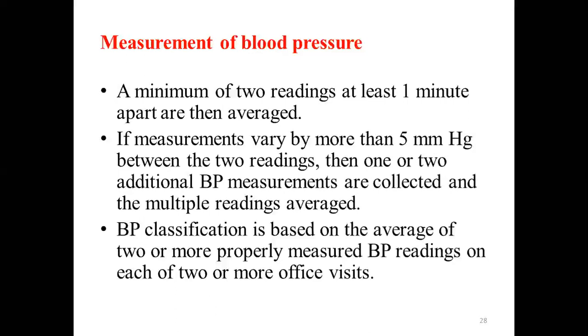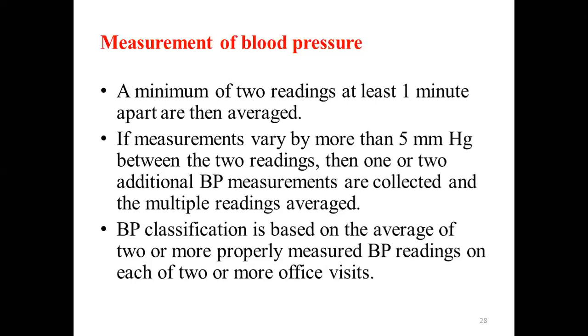But when you look at the practicability of this measurement, it is not commonly done. They just do one single measurement and continue. So in principle, if the measurement varies by more than 5 millimeter mercury between the 2 readings, then 1 or 2 additional BP measurements should be collected and multiple readings should be averaged.